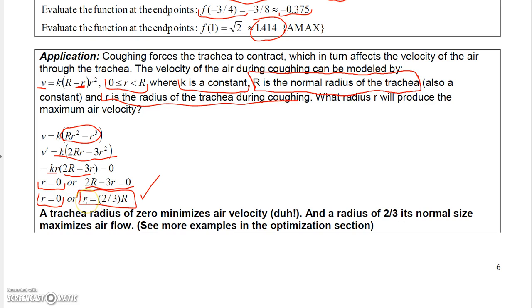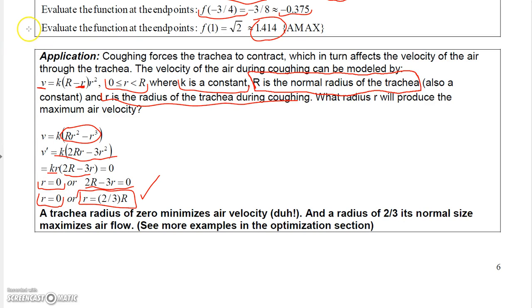So if you want to know what radius the trachea needs to be, it needs to be 2/3 of its normal size to maximize air velocity.